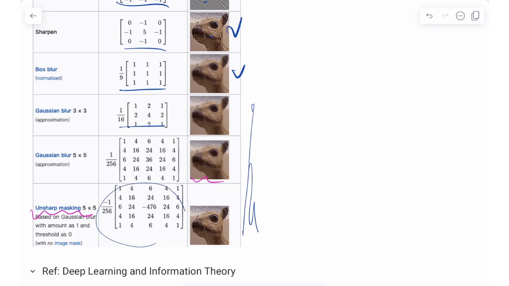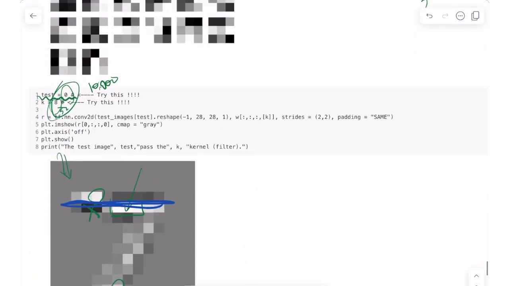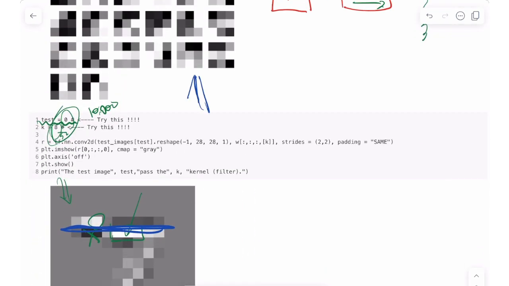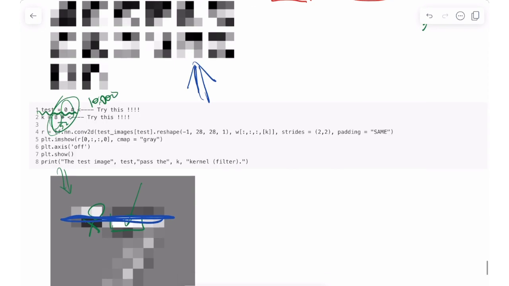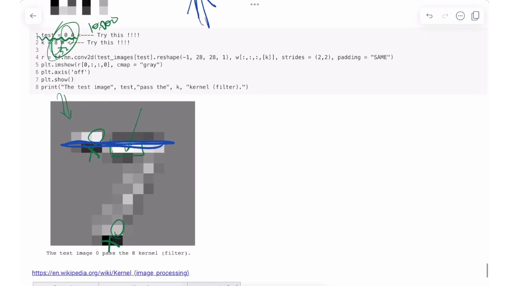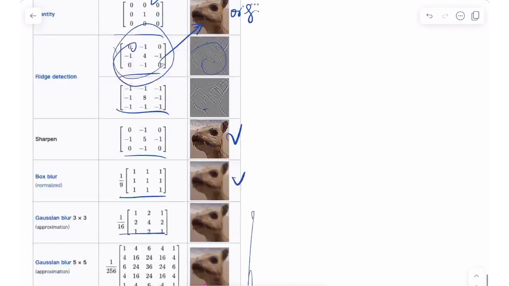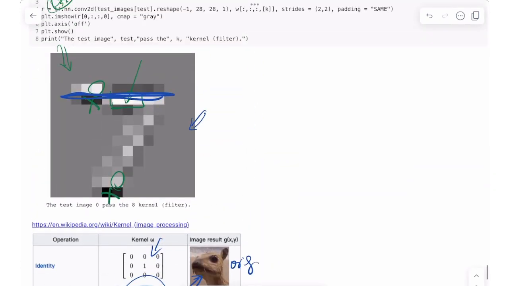But those kernels are designed by human beings, not AI. These 32 kernels are trained by AI, and that is the result. So that is convolution. We stop right here, and we'll continue with the next topic in the next video.